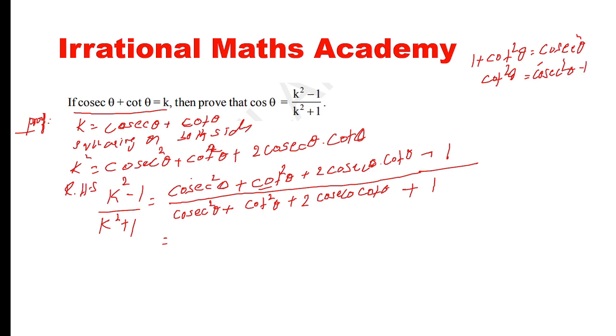So here, this is my cosecant square theta, there is minus 1, right?